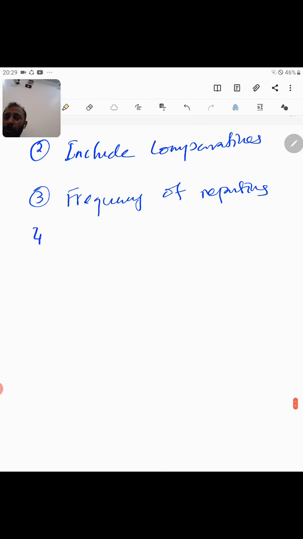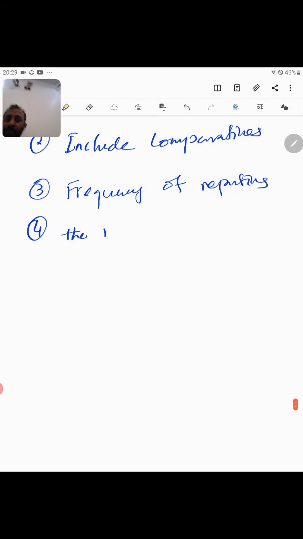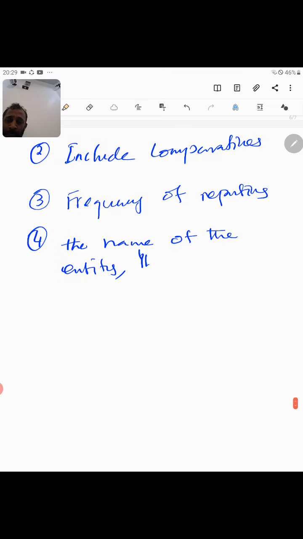And also we need to include the name of the company or name of the entity. We need to present the name of the entity and the registered address.